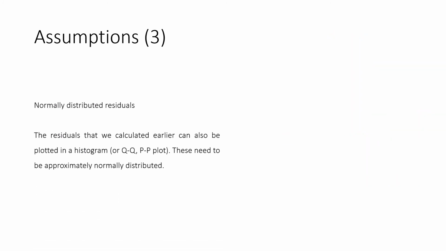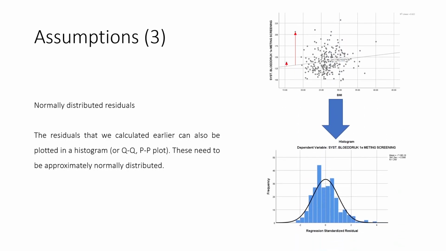Number 3 is that our residuals, the error that we still saw from the regression line to each observation, have to be approximately normally distributed. So when you look in a scatter plot, and I've taken those over here, what we saw is we were looking at the differences from the estimated value for a certain observation to each observed observation, and that was a residual.